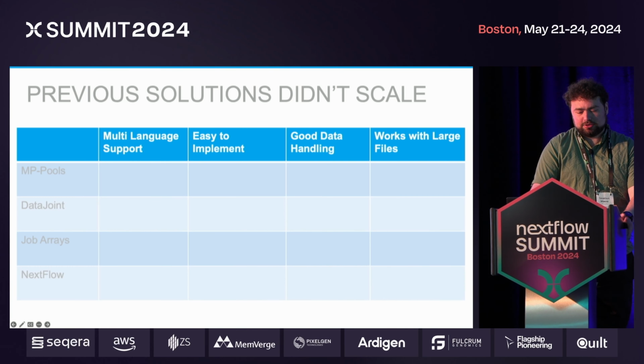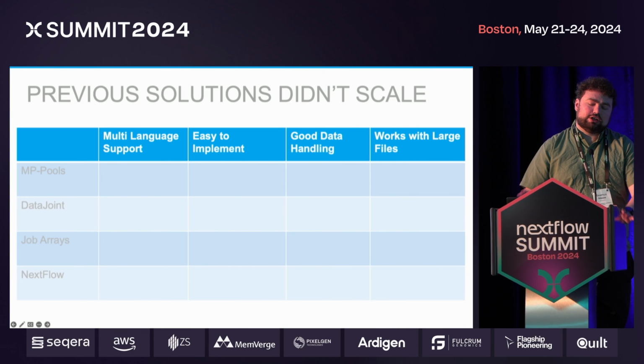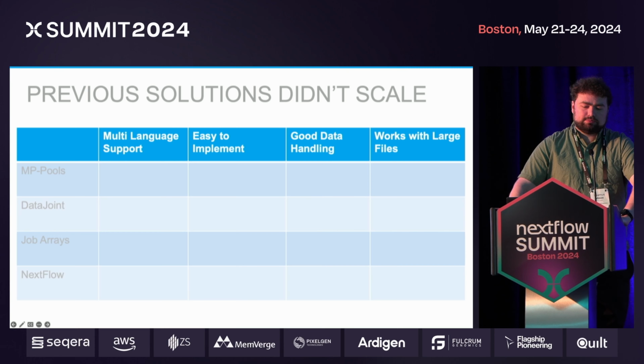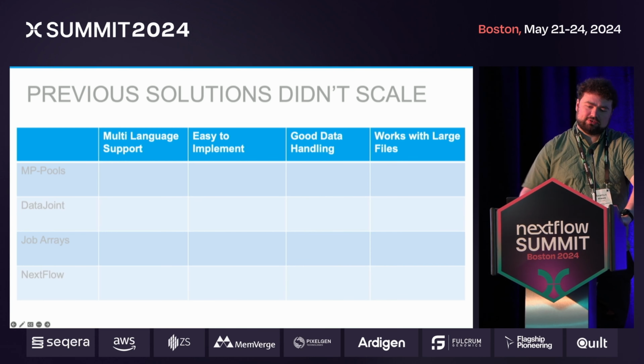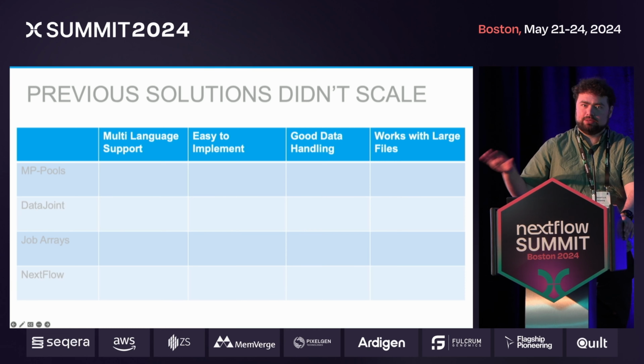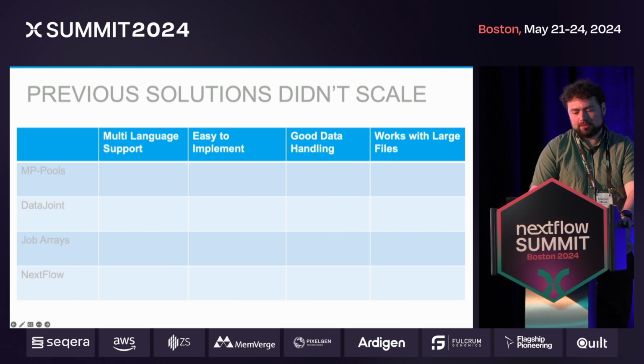It needed to be easy to implement, in that we'd written the actual analysis as bits and pieces that we wanted to wrap in something that would then properly handle the parallelization for us, and we didn't want to have to do too much rewriting of our original analysis code. It needed to have good data handling. There are a number of steps in this where we want to effectively pipe the data in between those steps. And it needed to be able to work with very large files.